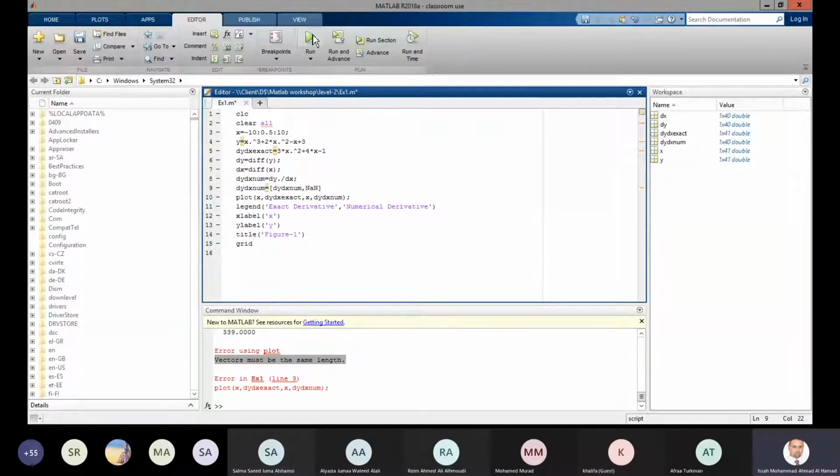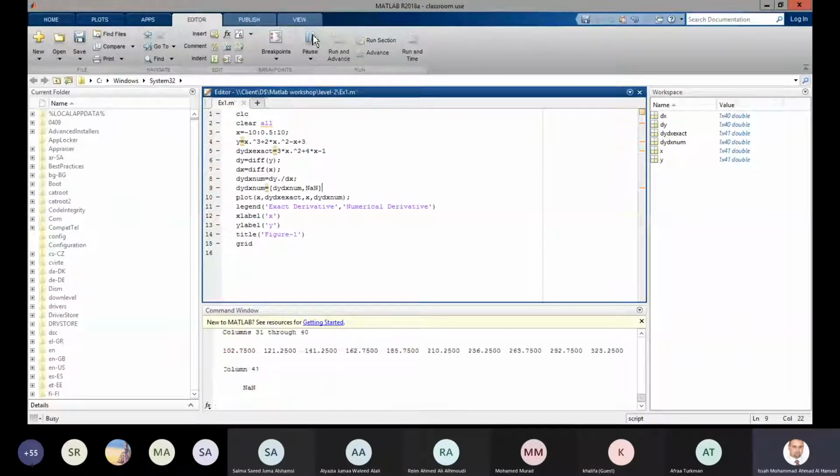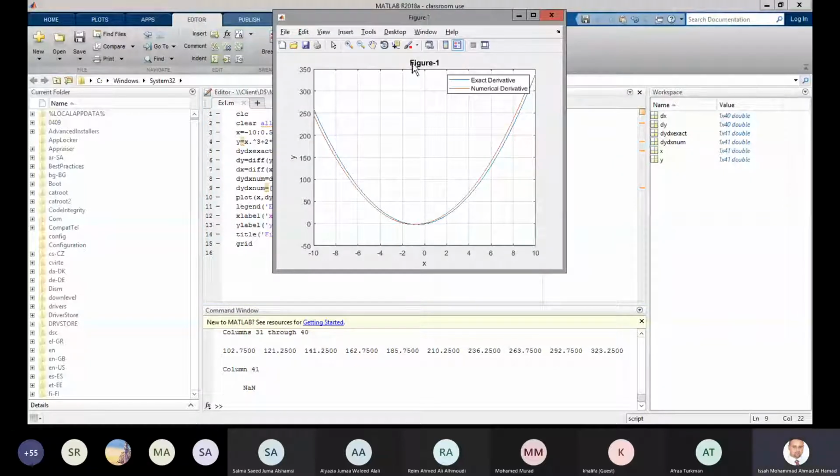Okay, so let's press run now. Wait for the graph. Okay, can you see the graph?